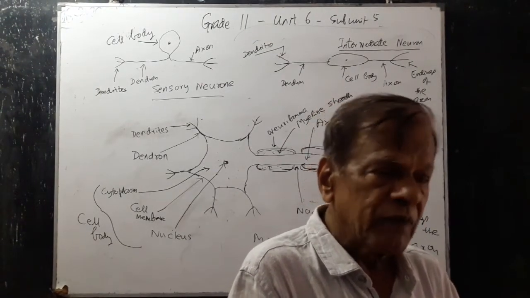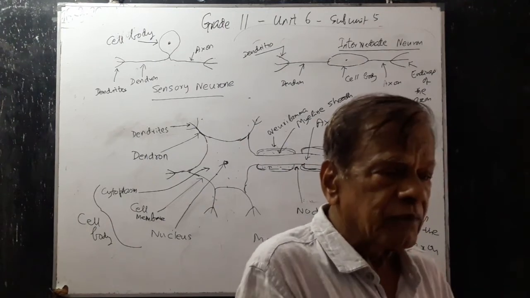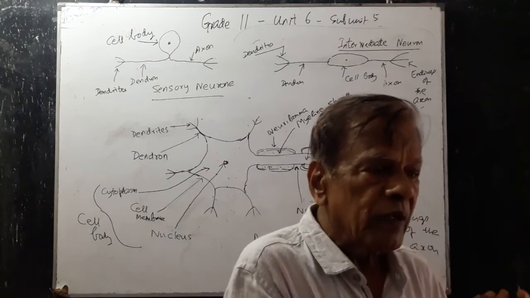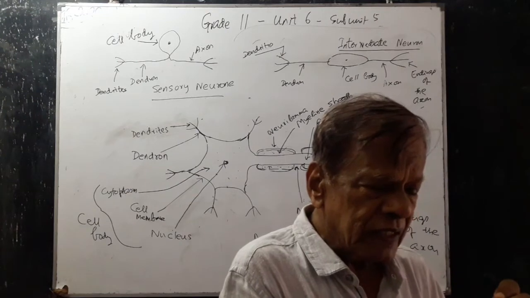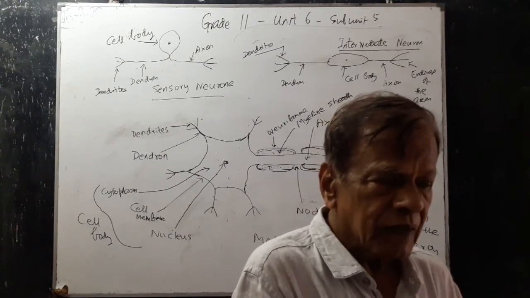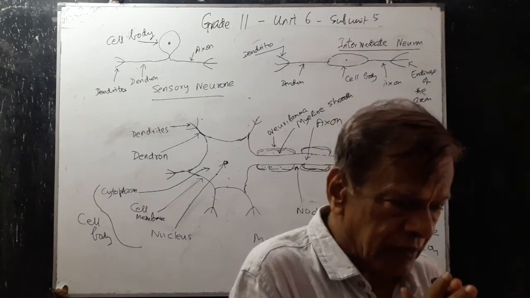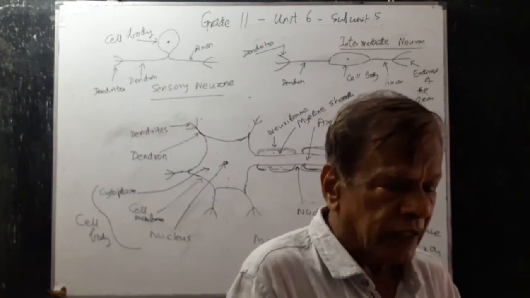There are two types of effectors, glands and muscles. Muscles contract to make a movement. The function of glands is to secrete the secretion.